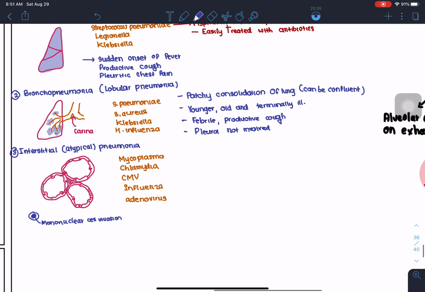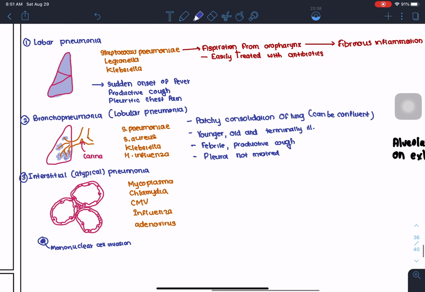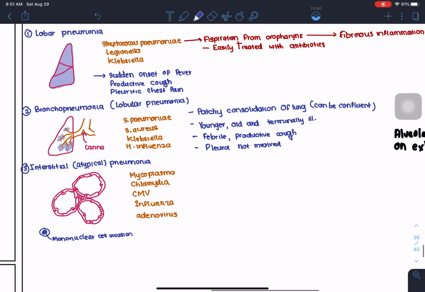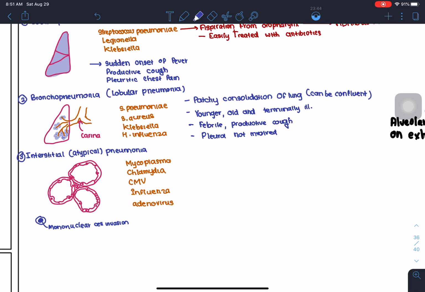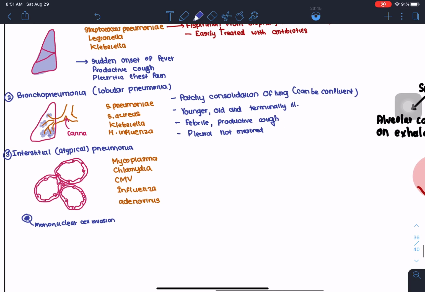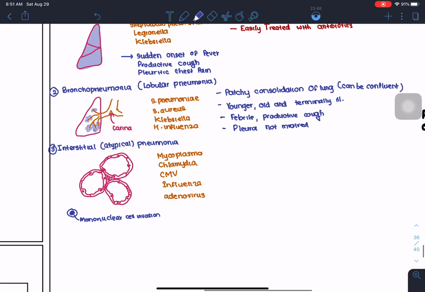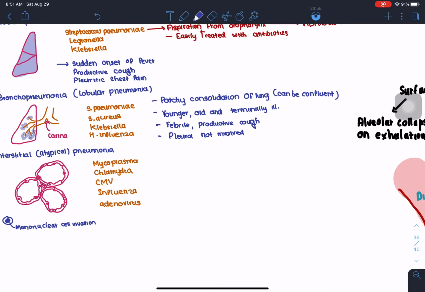So Streptococcus pneumoniae, same as above, Staphylococcus aureus, Klebsiella, and Haemophilus influenzae. These are causative agents. And I just wanted to emphasize the carina over here, the bifurcation. Again, you get patchy consolidation of the lungs. So you take an X-ray.